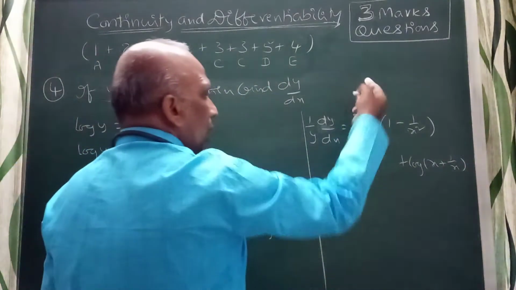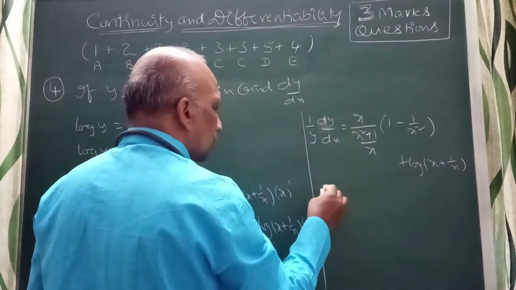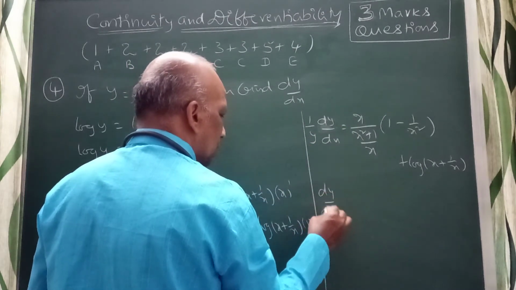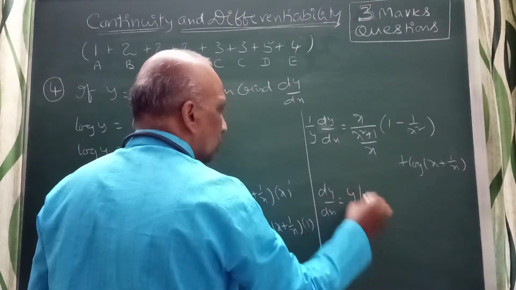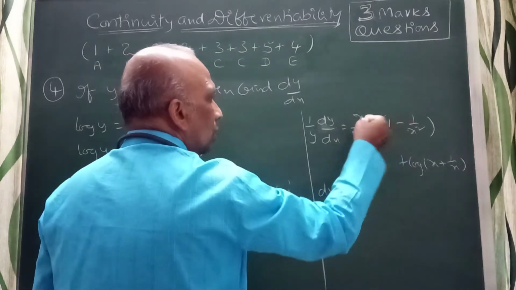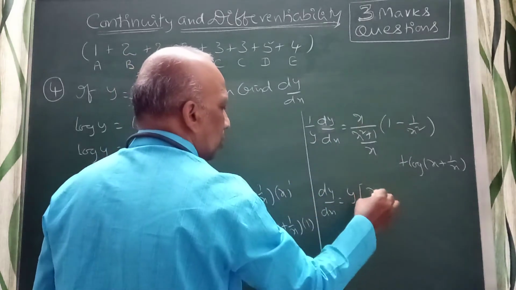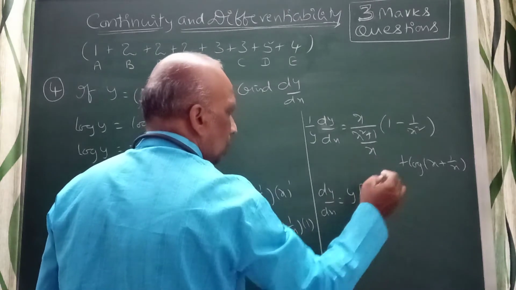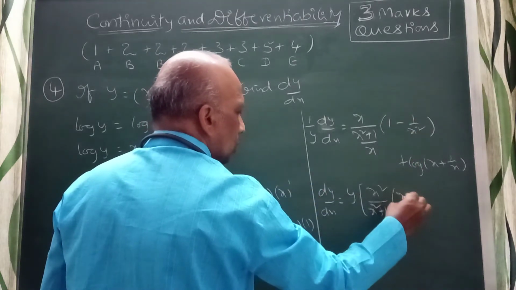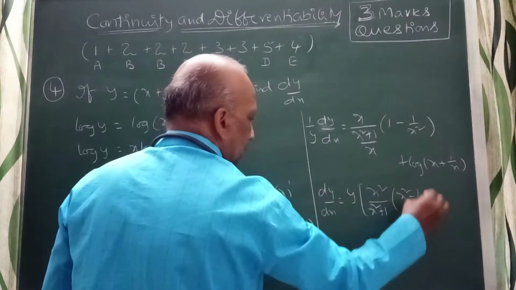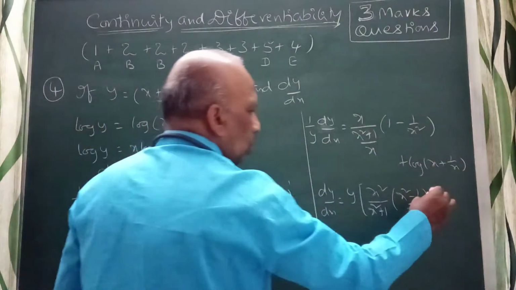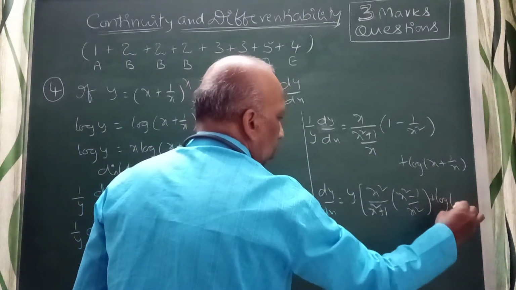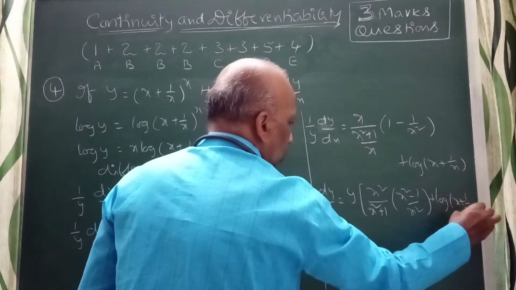This x I can take off. Then it becomes dy by dx; this y you can take to that side, y into, this will become x square by (x square plus 1). If you take LCM here, (x square minus 1) by x square, plus log of (x plus 1 by x).